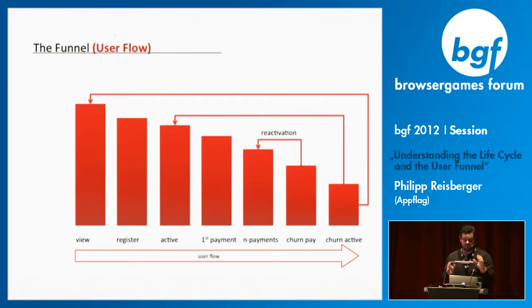And I just put some example steps in here. So you have the view, register, first time active, first payment, next payment, then they churn to pay, and someday they will churn to be active. You could reactivate them all over the time, but you've got to be aware that in the process of view, you've got to be thinking of what you can optimize in terms of every step, or in the step of how active they are. And that's just one level of complexity.